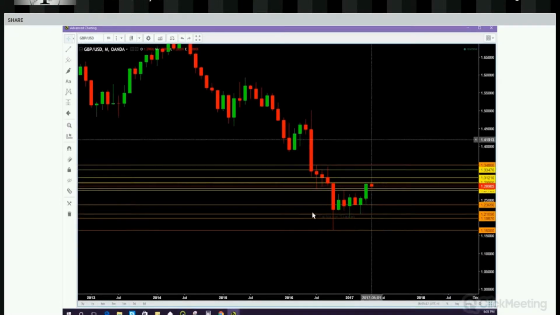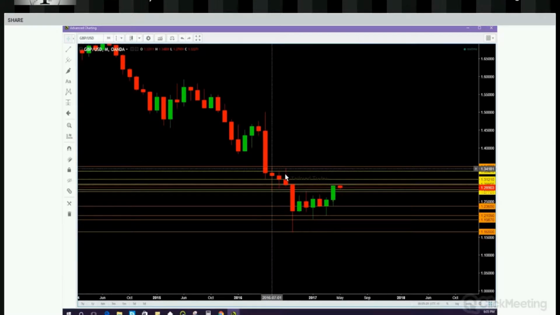The British pound has been suffering from Brexit. We got extreme drops down here, but after Brexit, we've been ranging for quite some time. This is a monthly chart, and last month we finally had a breakout for the pound to the upside, but it's being met with, of course, some resistance.